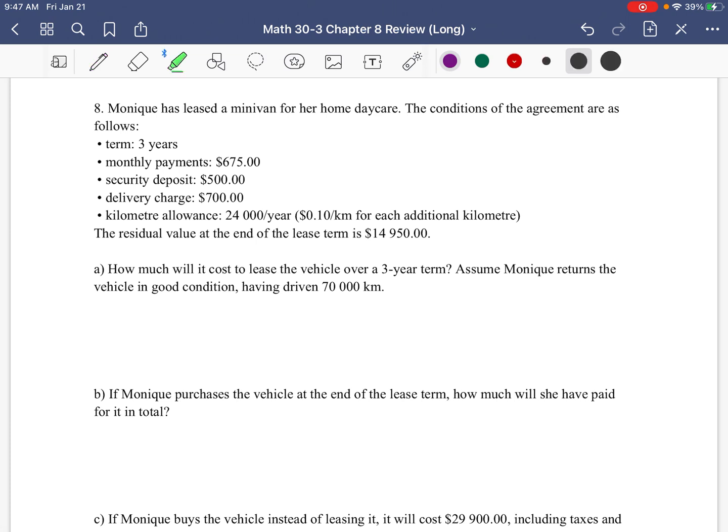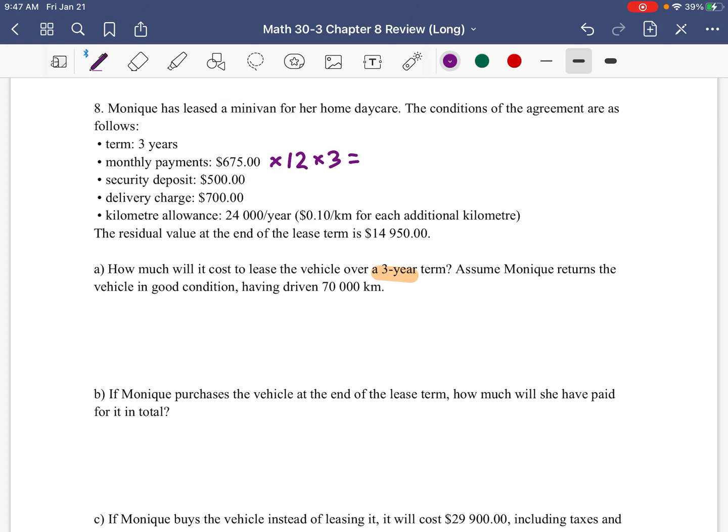Now, how much will it cost to lease the vehicle over a 3-year term? So, 3-year term. So monthly payments is $675. So that's 12 months a year and 3 years.